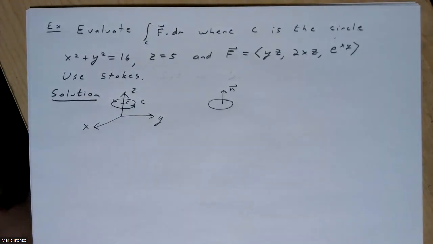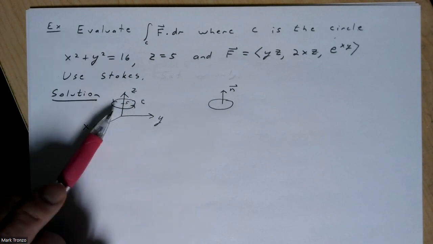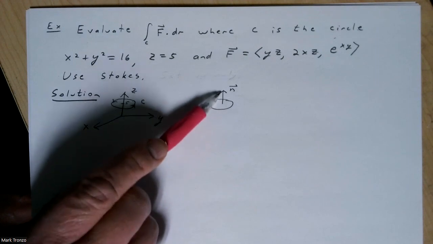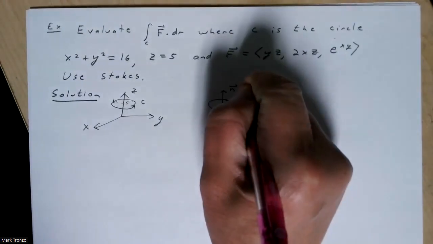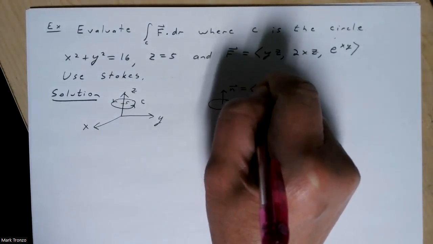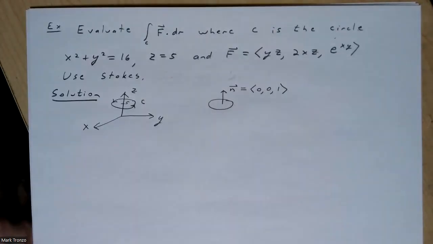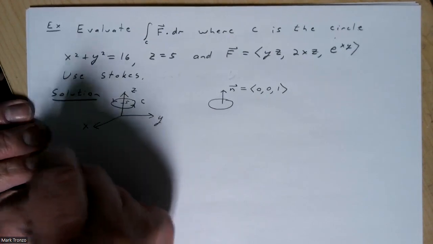So the normal vector is going to be, and you can see that's going to be perpendicular to that area inside the circle. And that's just going to be what? 0 on the x, 0 on the y, and 1 on the z. That'll give us that normal to this area here. And so we have our normal vector. Next thing we're going to need is the curl.